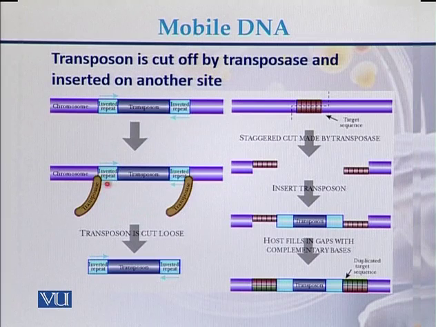Once it is cut from the original location on the genome, this transposon that has a gene for transposase, that transposase identifies the host region or the location where the transposon has to integrate, and it cuts that target sequence, and ultimately the transposon is inserted into that target region.